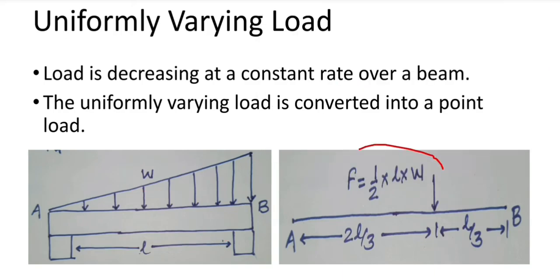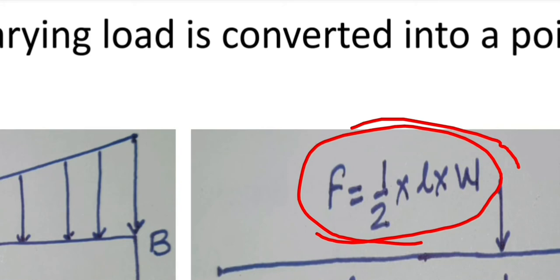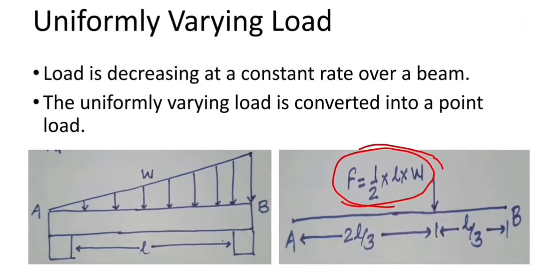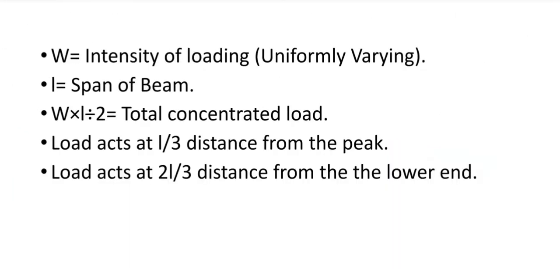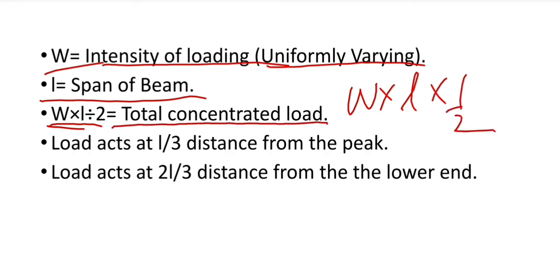See here, F equal to half into L into W. This is the concentrated point load. Okay, now moving forward, see here, W is the intensity of loading, the uniformly varying loading. L is the span of the beam. W into L divided by 2, or W into L into half. This is the total concentrated load.